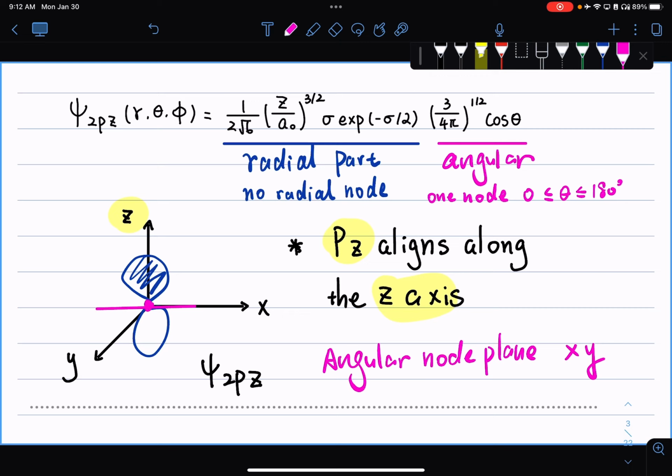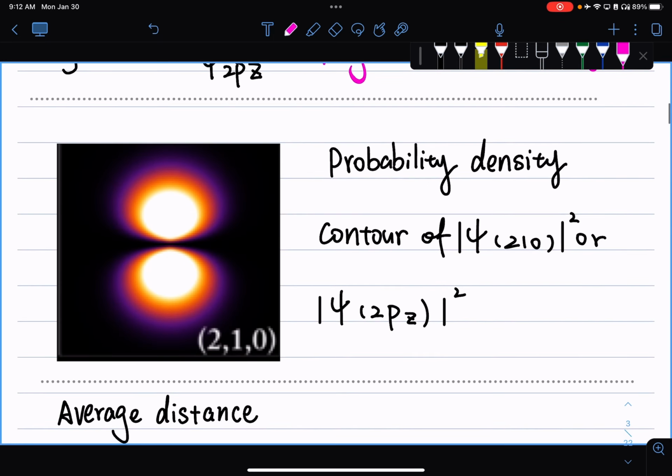And if we look at the probability, it means there exists a low probability region. In between those two dumbbells, around that angular node plane, you have a low probability of finding the electron in space.